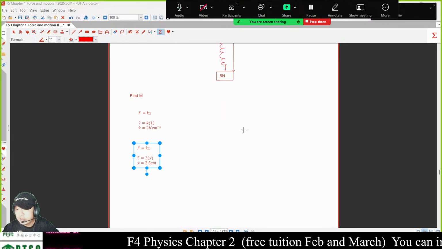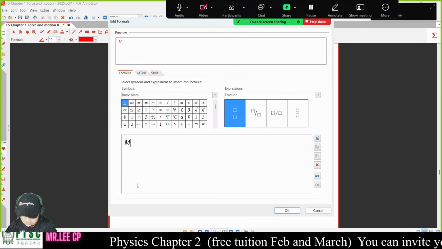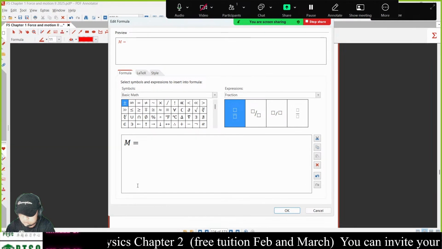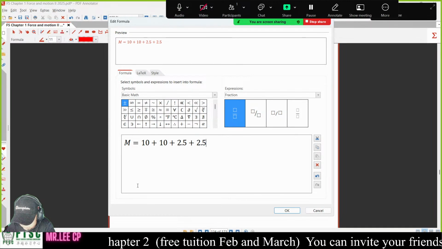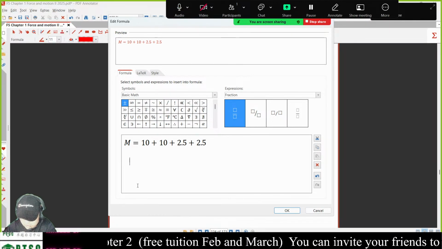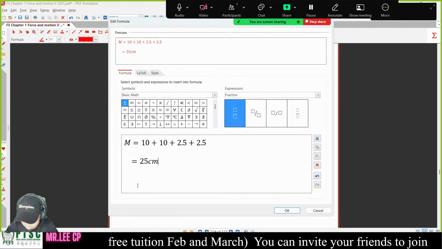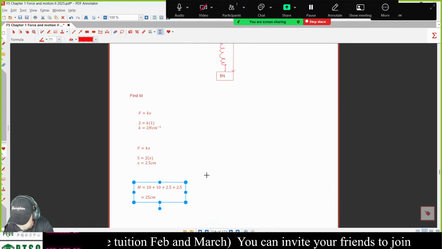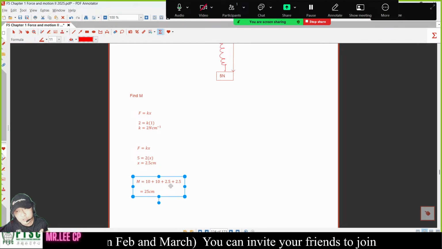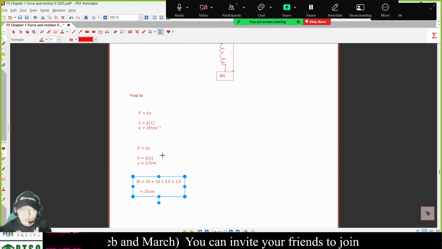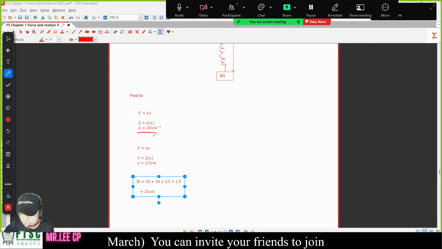Okay. So, M will be equivalent to, original is 10 plus 10 plus 2.5 plus 2.5. So answer is 25 cm. Now, of course, maybe some of your teacher will teach you, when you do this, F is kx, you get this.